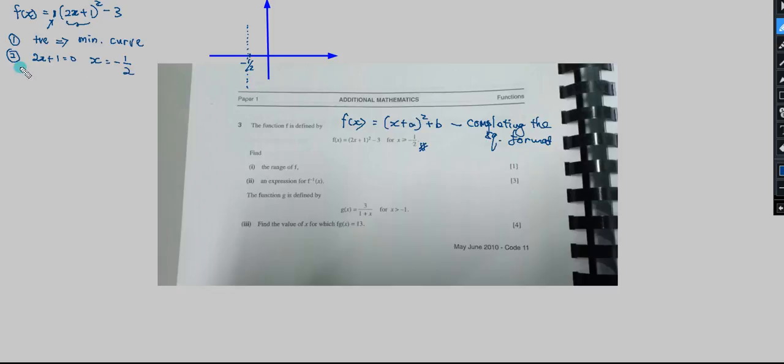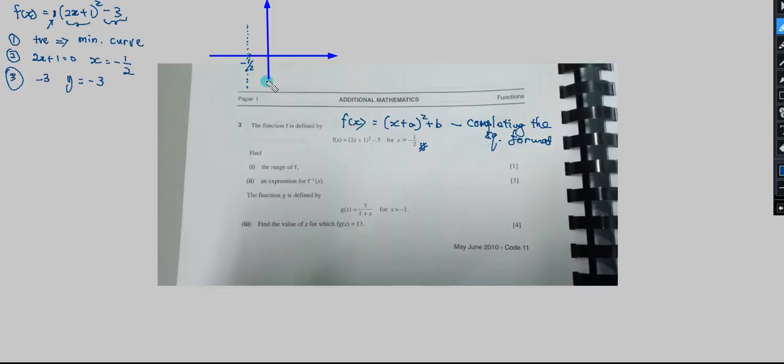Now, the third piece of information would be taken from here, which is minus 3. What is the significance of this minus 3? It means the y coordinate of the minimum point of the curve is equal to minus 3.